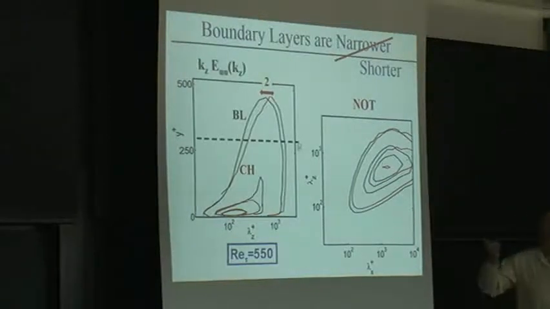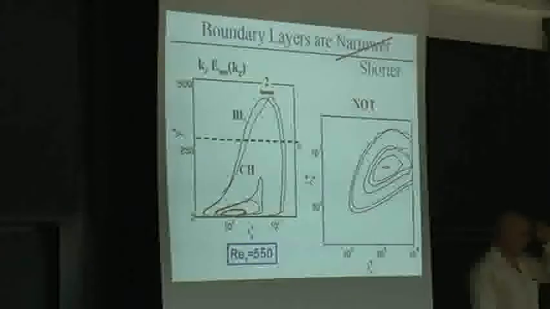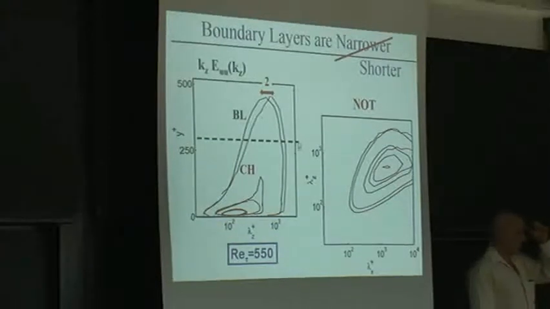And it's not even clear that the boundary layer is really short, because these are long distances. This is basically 20 delta, and by 20 delta the boundary layer is not a parallel flow. So you are not taking the spectrum at the same height, and you might be comparing values that are not the same.